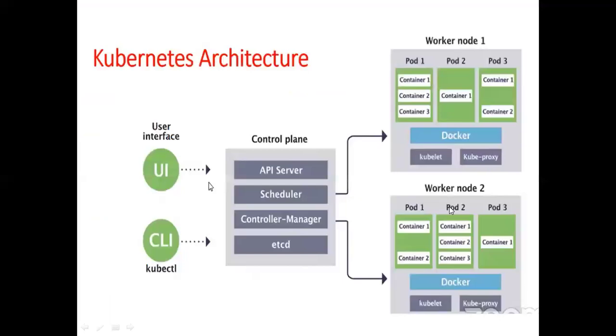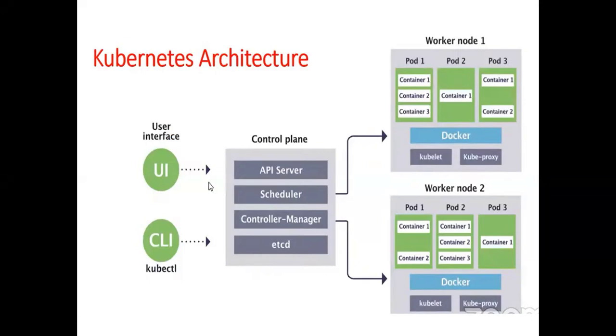Let's understand this scenario. Suppose, guys, you have created one Kubernetes cluster architecture. In that architecture, suppose there are two worker nodes. So you have created the cluster with desired capacity, and the desired capacity is 2. There might be a chance any worker node can go down. So the controller manager is responsible to take care: whatever desired capacity you have specified, that desired capacity needs to be maintained throughout the entire life cycle.